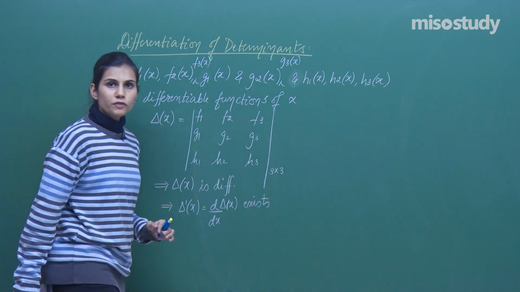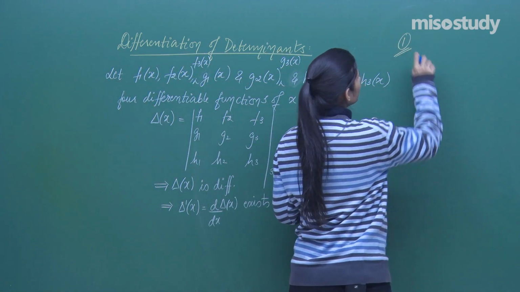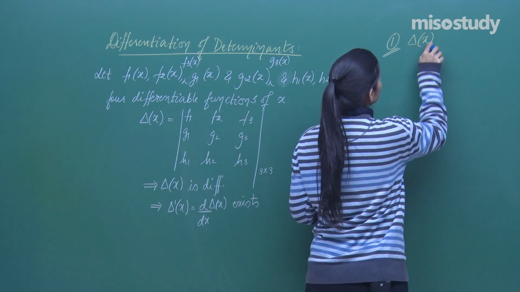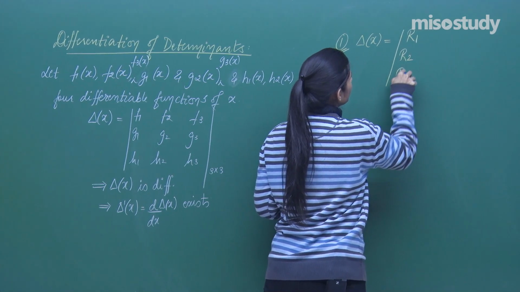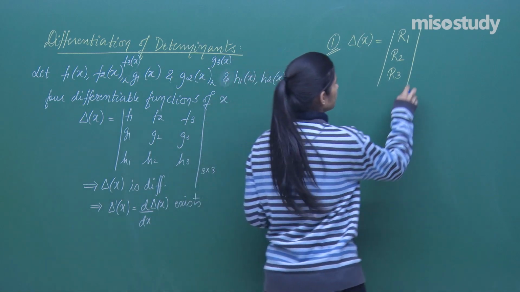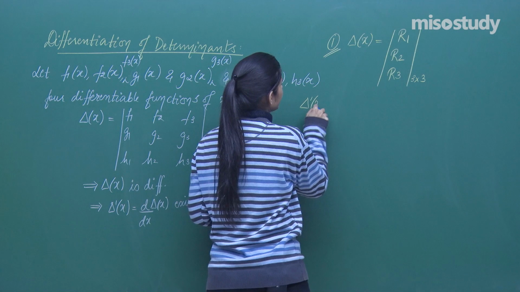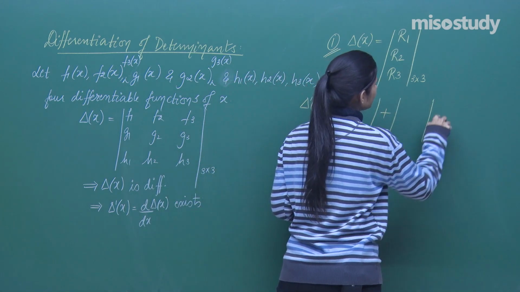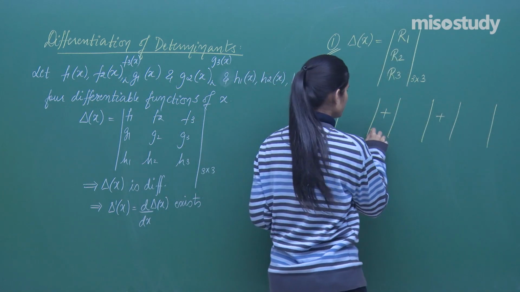And you don't need to prove it now, you know the first way to understand and obtain delta dash. By considering delta as made up of rows, there is a row 1, a row 2, and a row 3. Because this is a determinant of order 3 cross 3, delta dash will be equal to the sum of 3 determinants of the same order 3 cross 3.